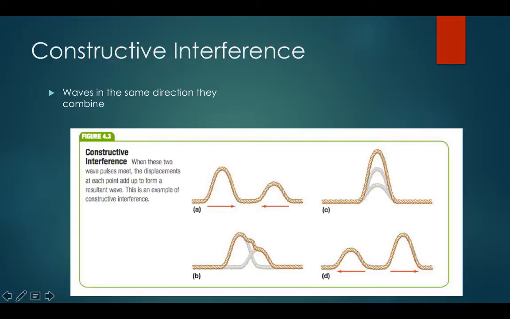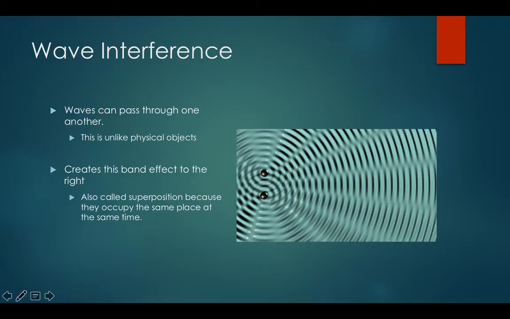This is when waves are going in the same direction and they combine. So right here you have a wave that is moving in this direction and a wave moving in this direction. As the two of them come together, they combine and form a giant wave. This giant wave is a combination of both waves combined. If you go back to the previous picture, the giant wave would be an example of this really dark band in this picture, because they're combining together and they're forming the exact same wave.